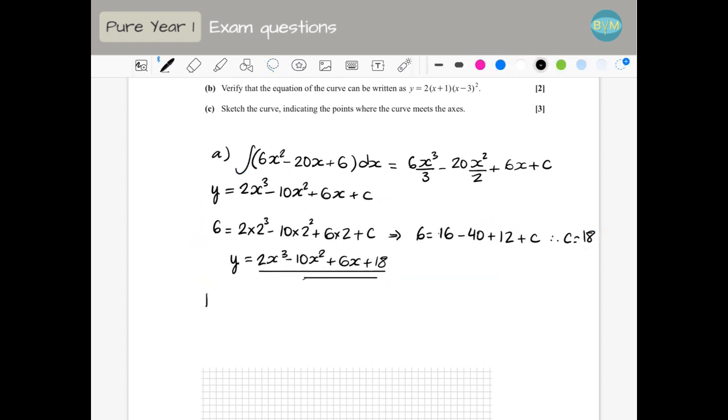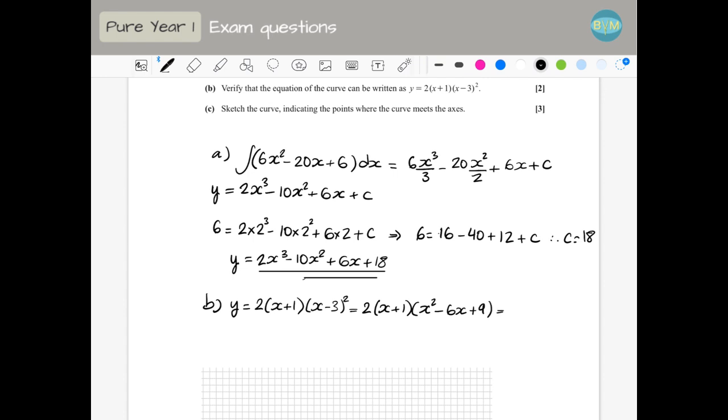So what I'm going to do for B is expand that bracket. Y is 2(x plus 1). I'm going to start with the squared, and then expand the other brackets. So I have the first one squared, double the first one times the second one, so 2 times minus 3 times x is minus 6x, and 3 times 3 is 9.